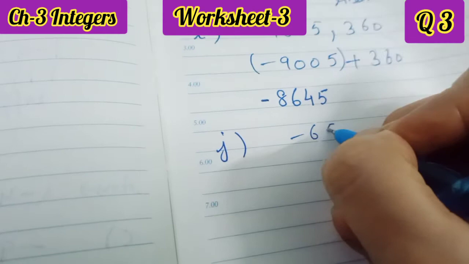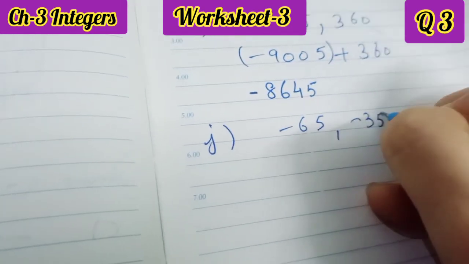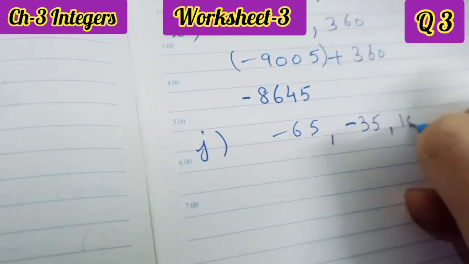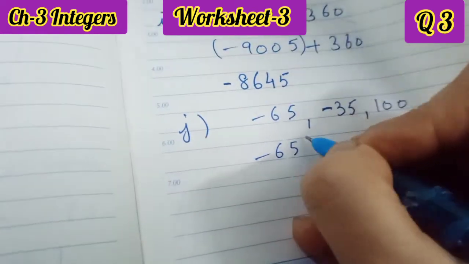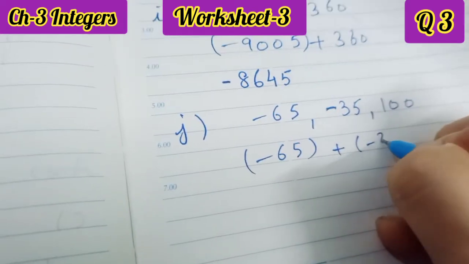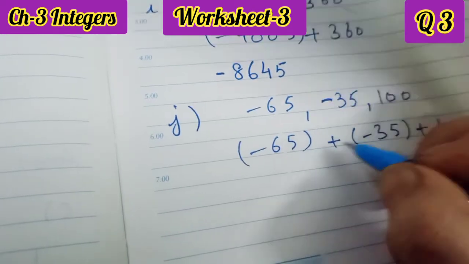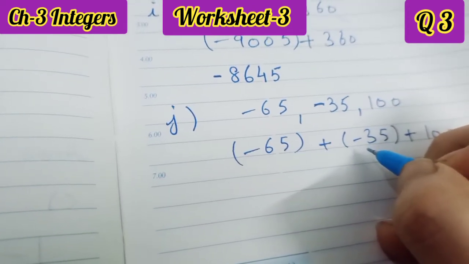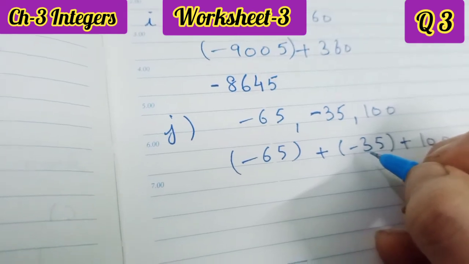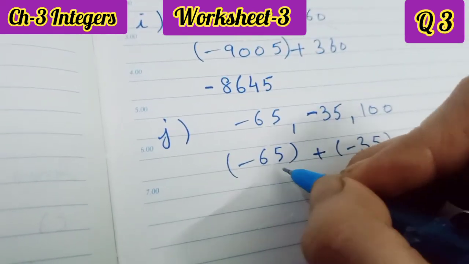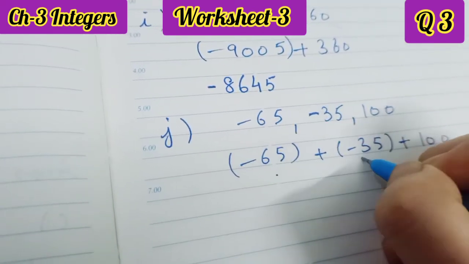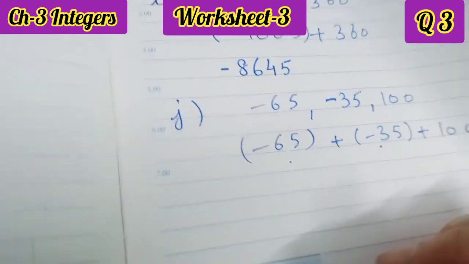And next question, again 3 numbers are there. Add. First of all, take 2 numbers, they both are having the same sign, so we will find the sum of these 2 numbers.